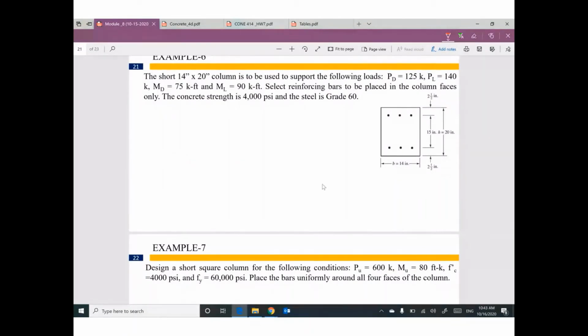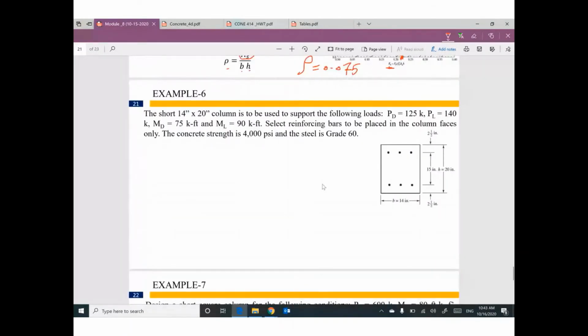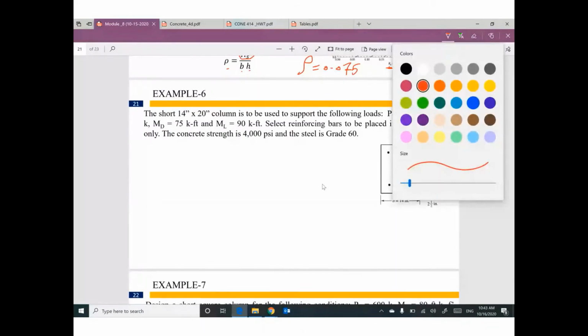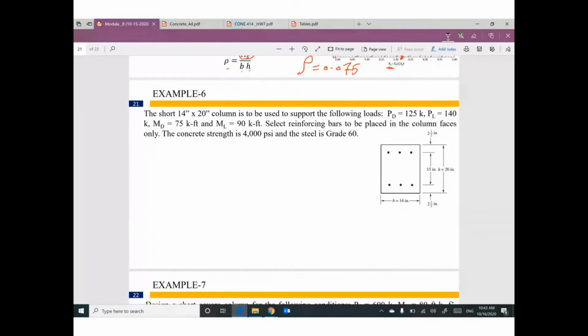Let's start. For this column, we have a short column, 14 times 20. Perfect. So the cross section of the column is given. b is 14, h is 20.